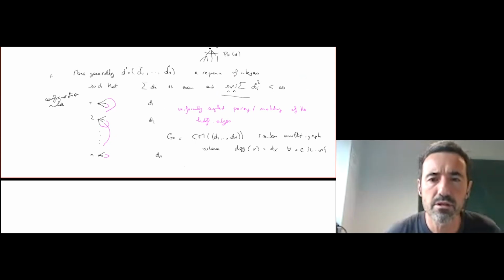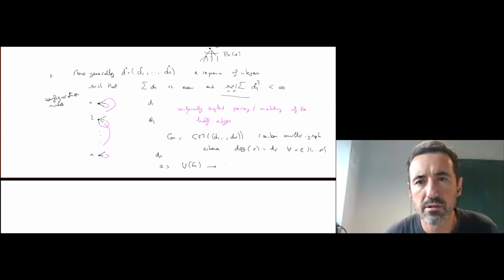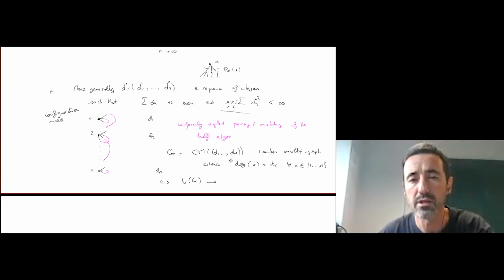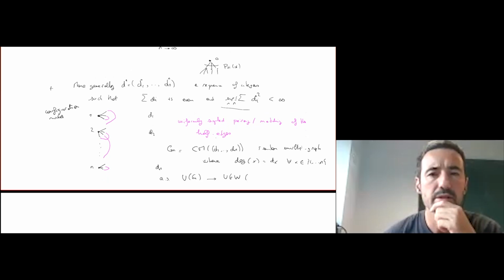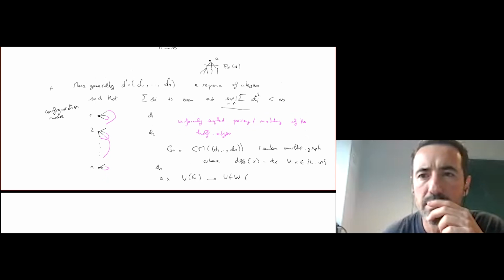Under this assumption, U of Gn almost surely converges to also a Galton-Watson tree, which we call the unimodular Galton-Watson tree. Sorry, I've forgotten an assumption. Assume that the empirical degrees converge to some measure p.